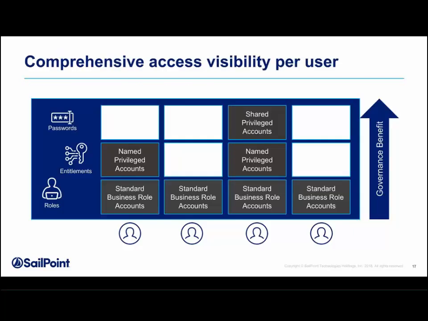But let's talk about the key payoff here for each user. If we look at the user level, we're now going to be able to see their standard accounts, their named privileged accounts, as well as their shared privileged accounts, right? And so now we've got great visibility for each user.